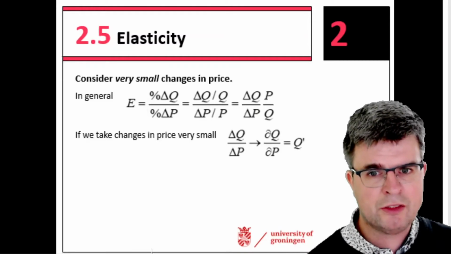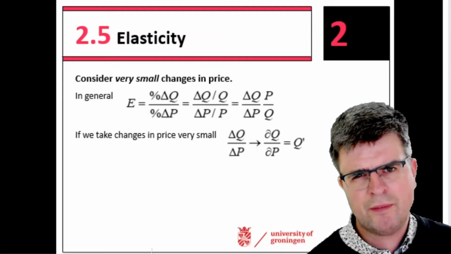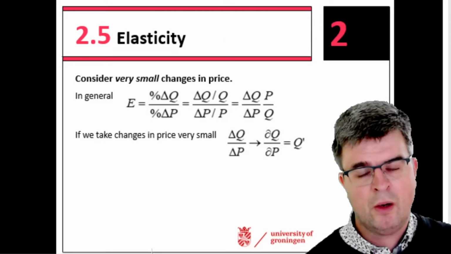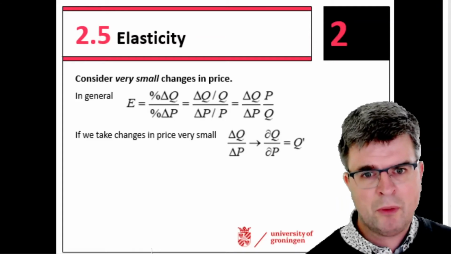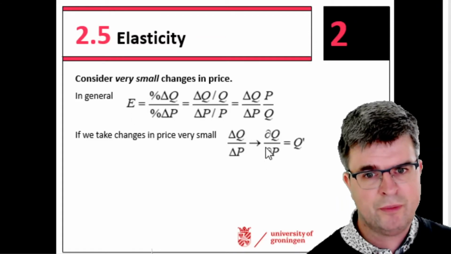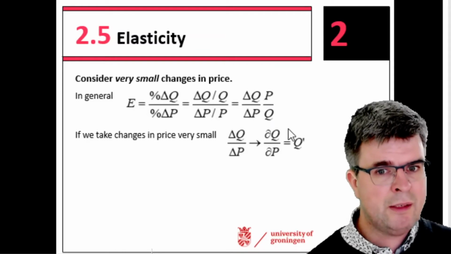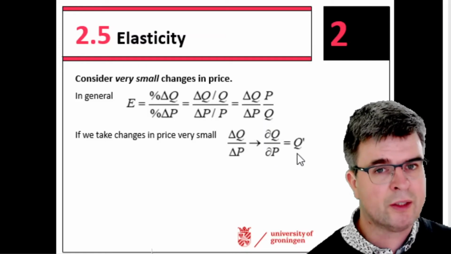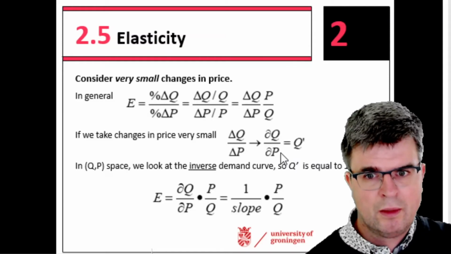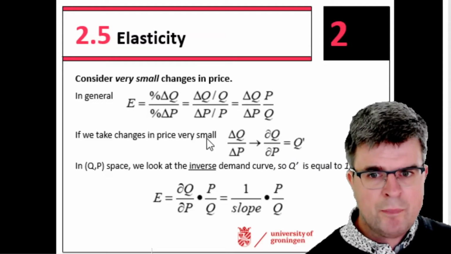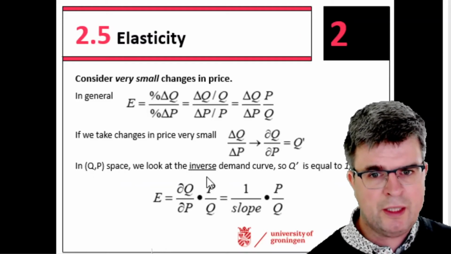And then if we take these changes in prices very small, so our delta Q becomes a very small change in quantity in response to a very small change in price, then we will write it as the first derivative. So the delta Q over delta P, if the price change is small, is equal to the derivative of our demand or supply function. So in the space with quantity and prices, we look at the inverse demand curve.